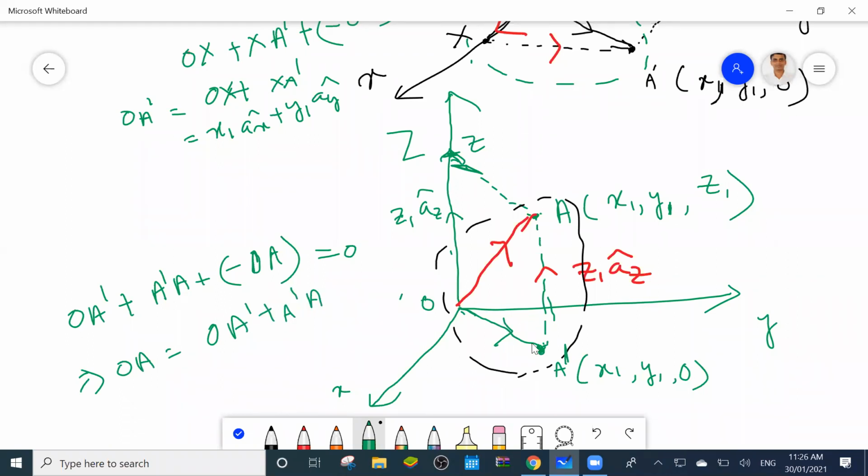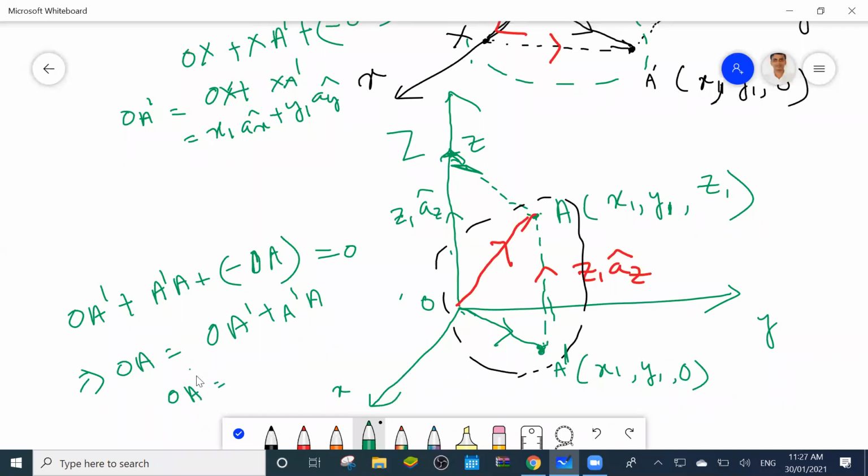So what is the value of OA dash? What is the value of OA dash? In the last class we did this with respect to the X1 plane.